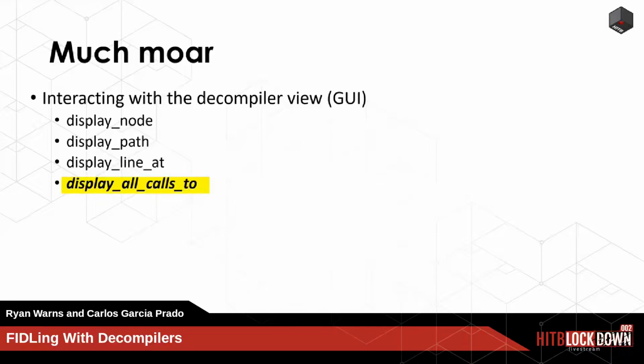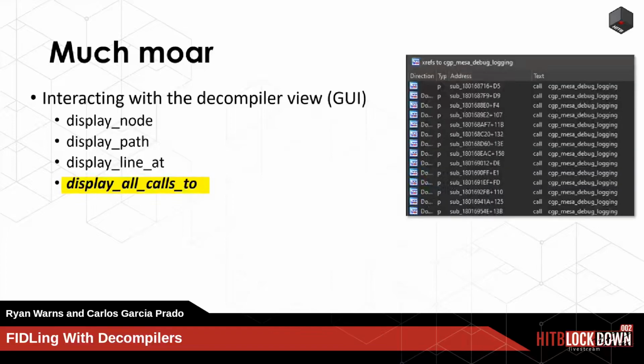One of the APIs that we use all the time, I would like to tell you about, is display all calls to. Of course, you can imagine what it's doing. Imagine this case, from the vulnerability research part of things. You are looking at a binary, and of course you don't have symbols, so you have those function names, sub underscore something, and life is less good than it could be.